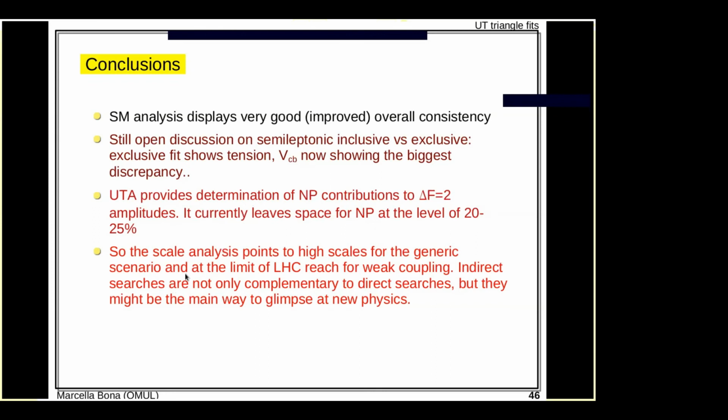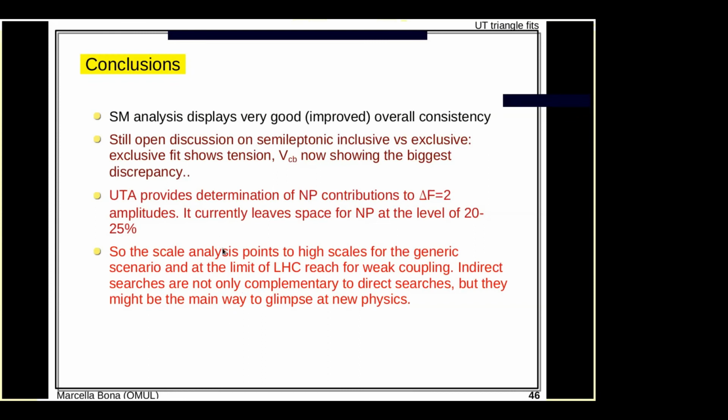But the scale analysis helps you in the sense that, of course, it excludes a generic scenario, it excludes a strong coupling, but it still gives you some idea that you could have a direct discovery at the LHC with a weak coupling between the standard model and new physics.